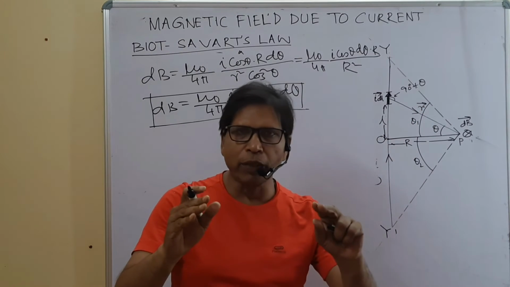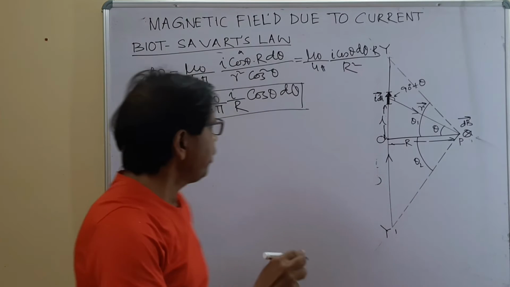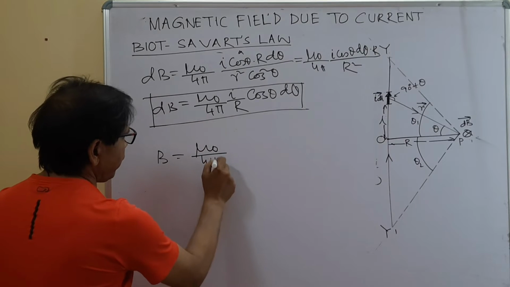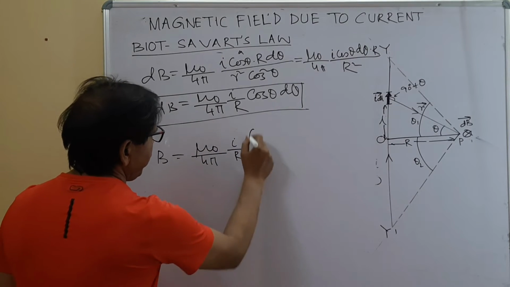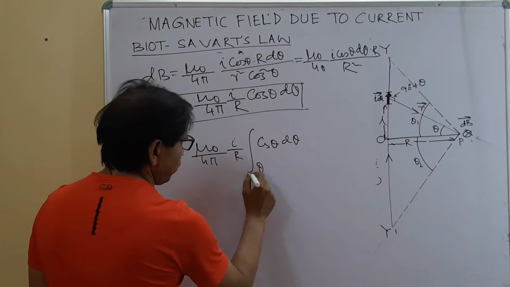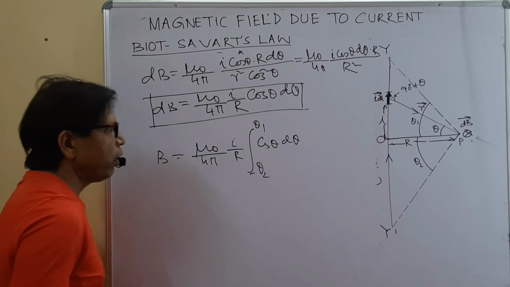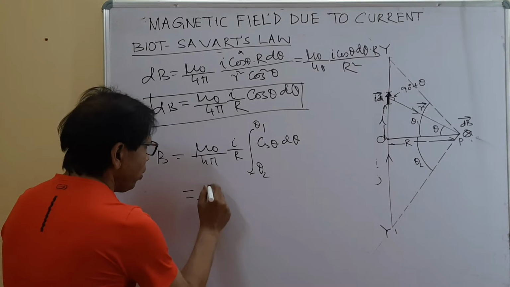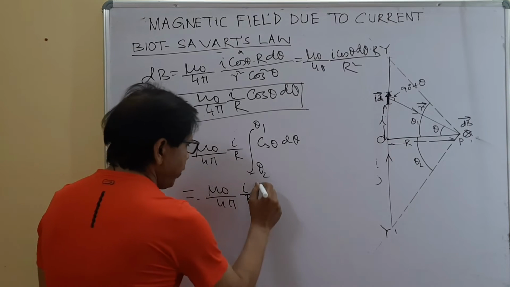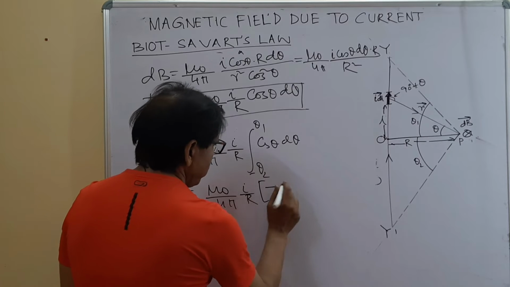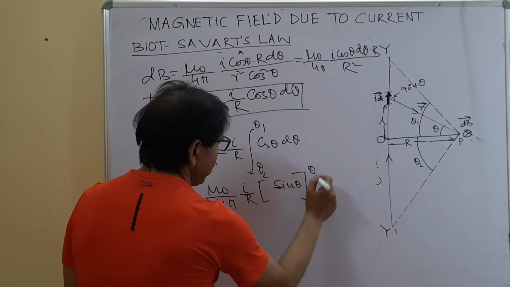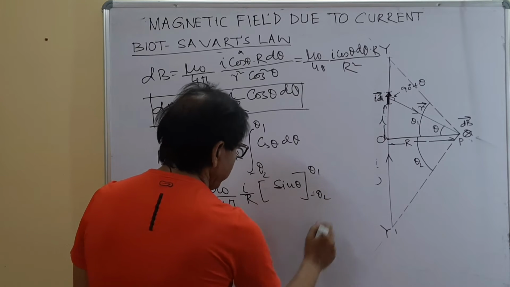Therefore the magnetic field due to the whole conductor B equals μ0 by 4π, I by capital R, integration of cos θ dθ from θ2 minus θ1. So this becomes μ0 by 4π, I by capital R, sin θ with limits θ1 and minus θ2.